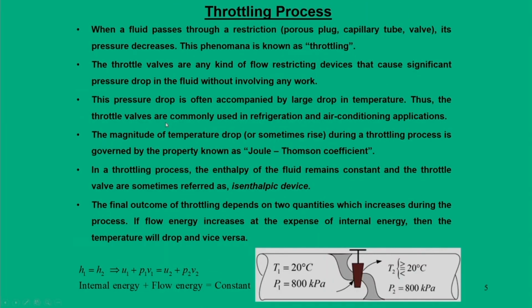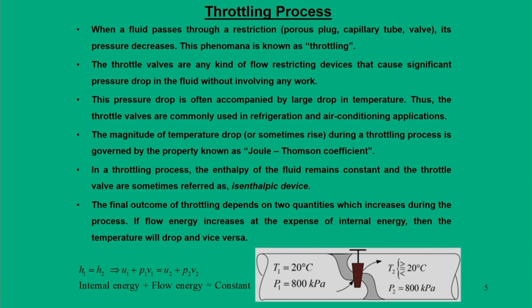Before you go for the Joule-Thomson coefficients, let us first understand the throttling process. We all know what a throttling process is from our basic thermodynamic courses. In fact, at some point during the consideration of refrigeration, we use a valve that we call a throttle valve.